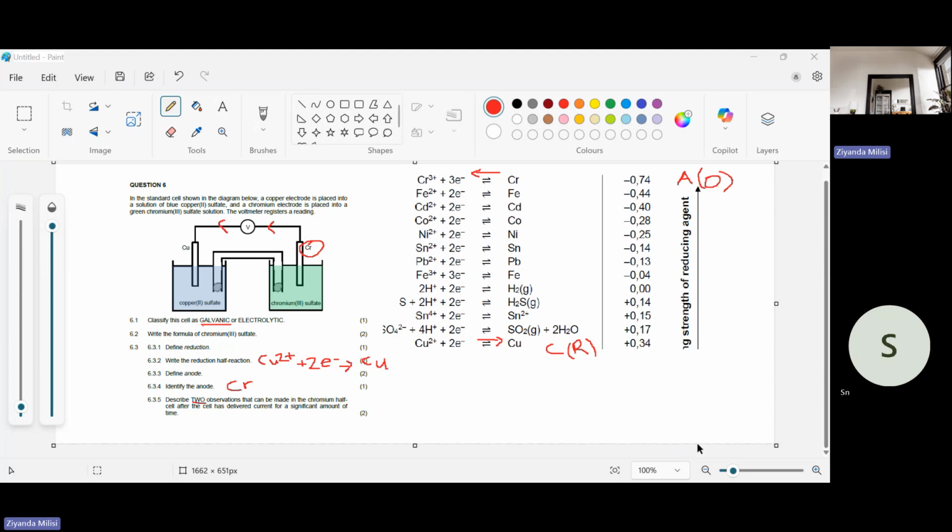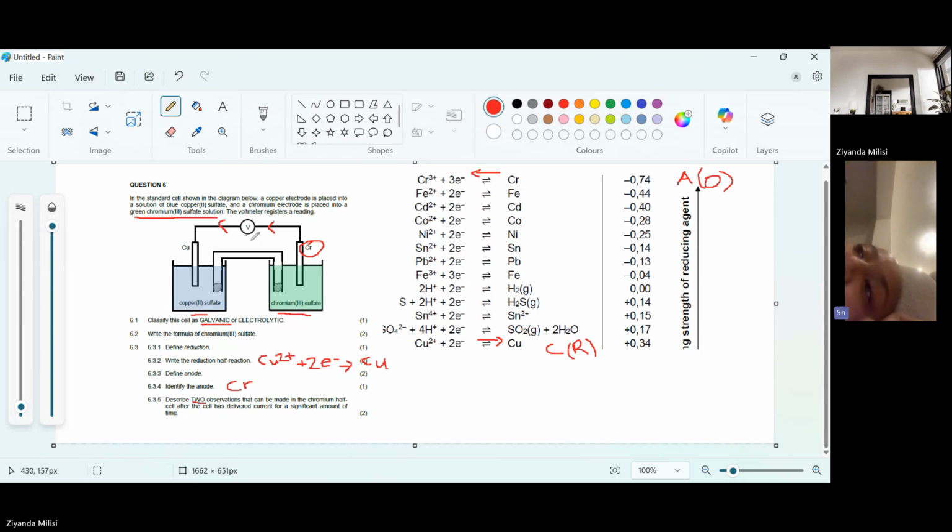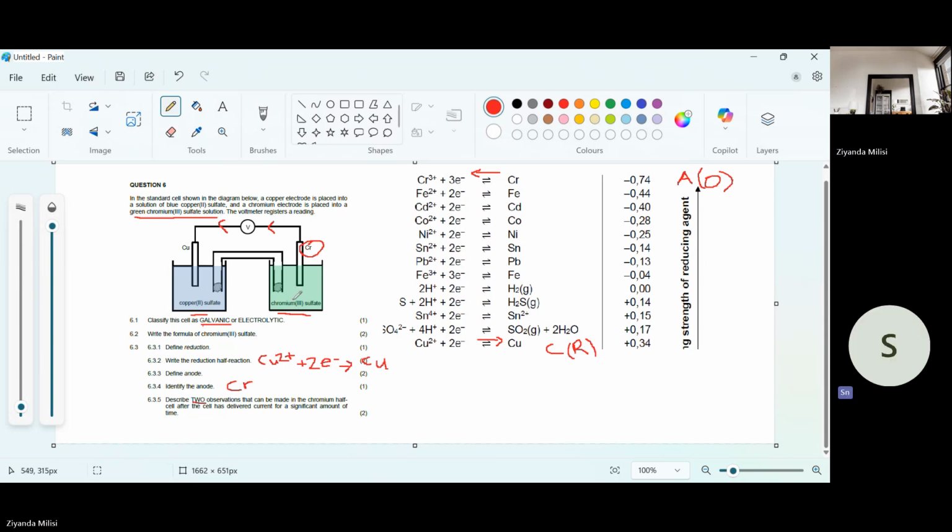What do you think is going to happen? They showed you colors for a reason. The color here and here, they even talked about it. The green chromium sulfate.